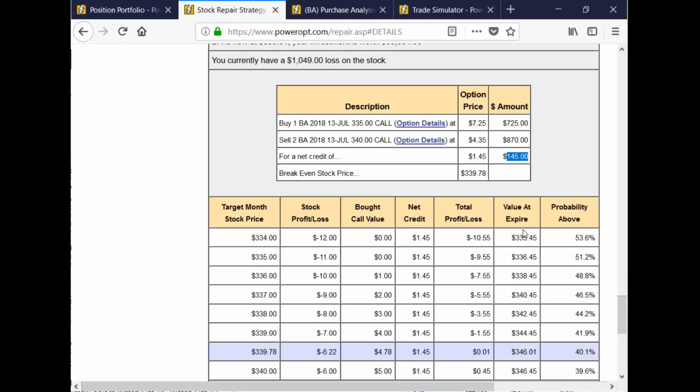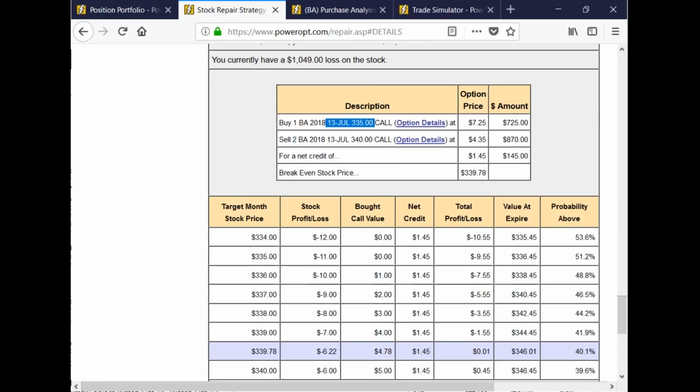Well, my cost basis was 346. I got $1.45 net credit, so my cost basis dropped down to 344.55. How is the break even only 339.78? Because remember, you bought a 335 call.